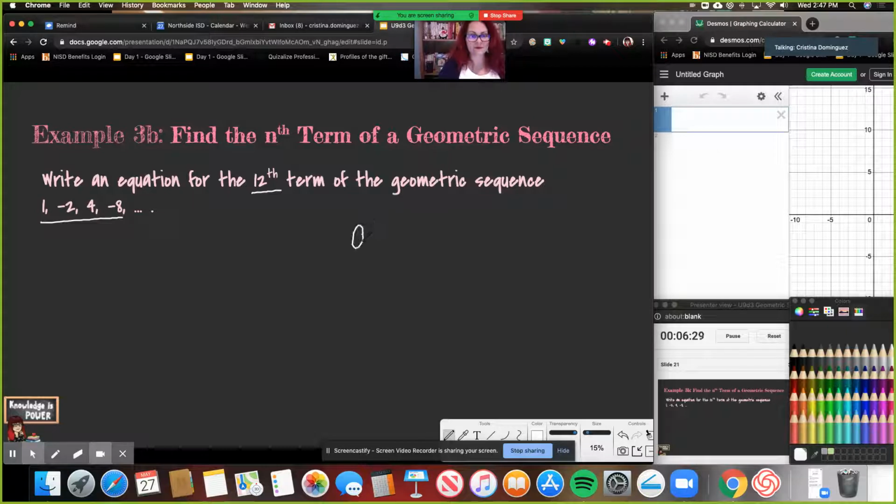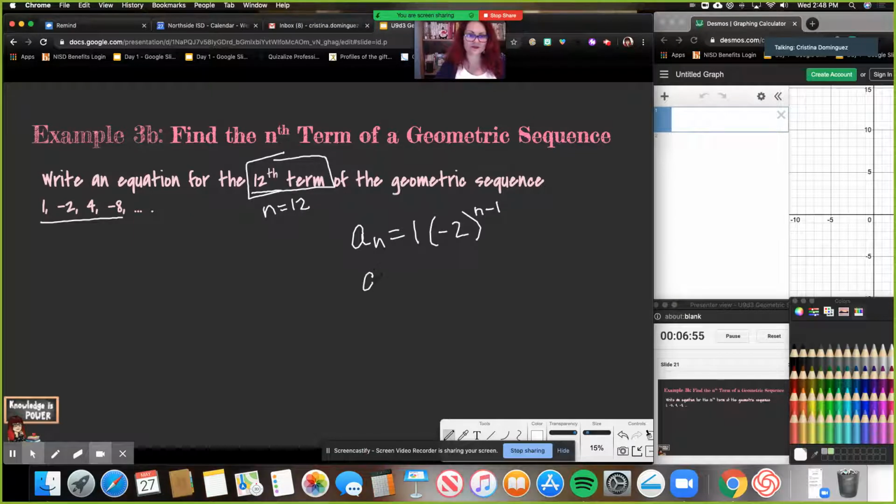Remember, our formula was a_n equals 1 times negative 2 to the power of n minus 1. When they say the 12th term, what does that mean to fill in for n? Exactly, n is equal to 12. So we're going to rewrite everything except for n.